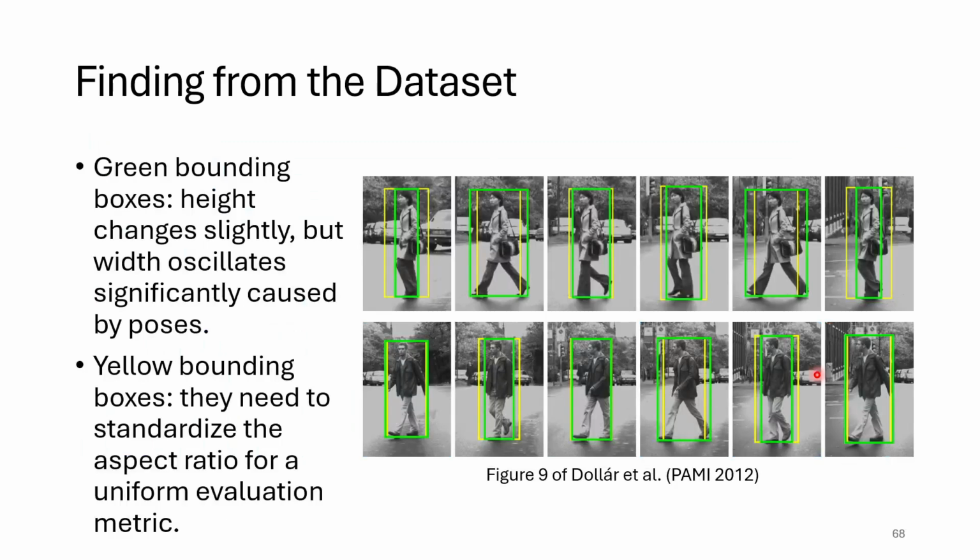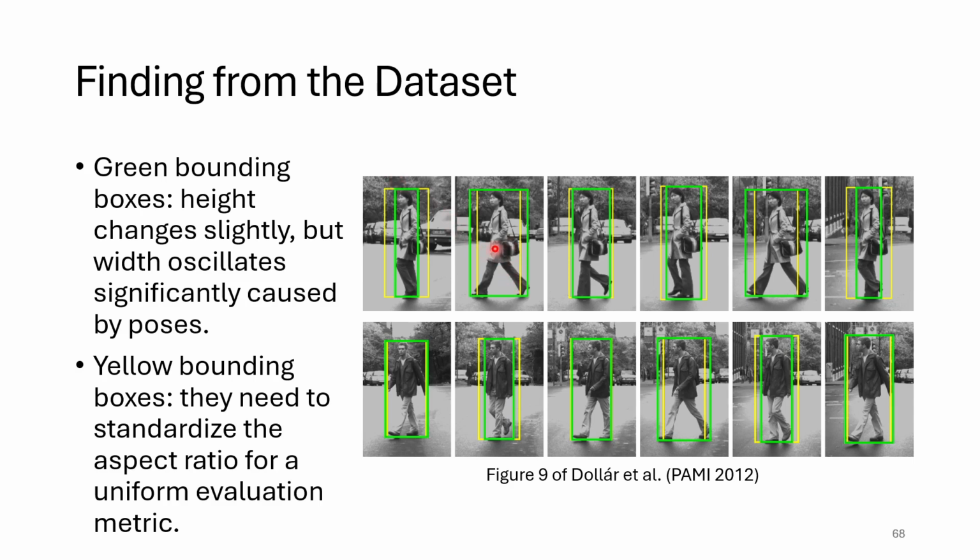They also found an interesting thing about the aspect ratio, the width. If a pedestrian is walking in the peripheral side, the green bounding box means the region of the pedestrian at the moment.